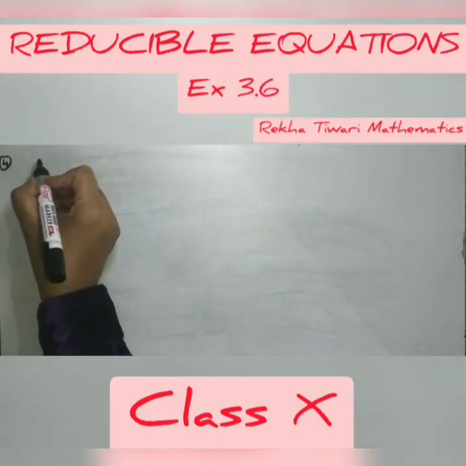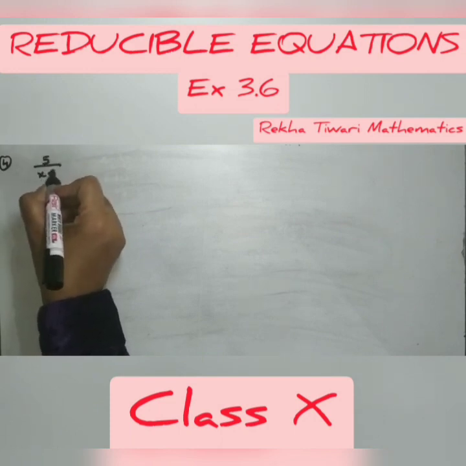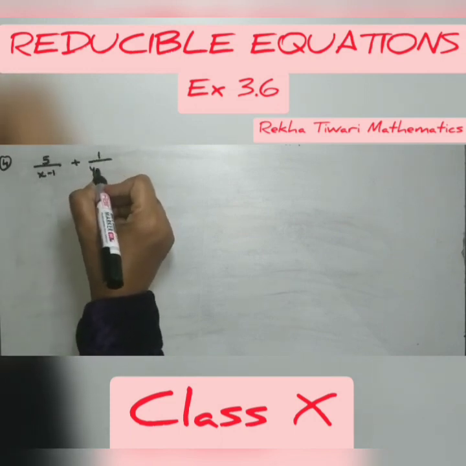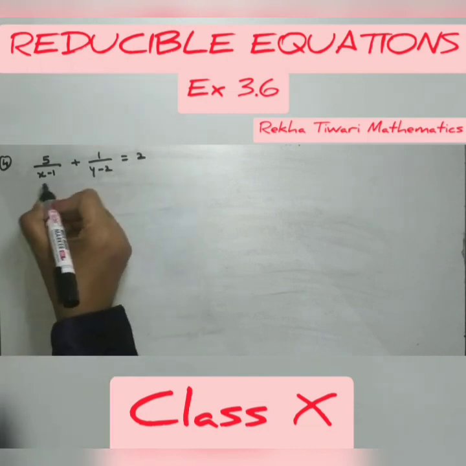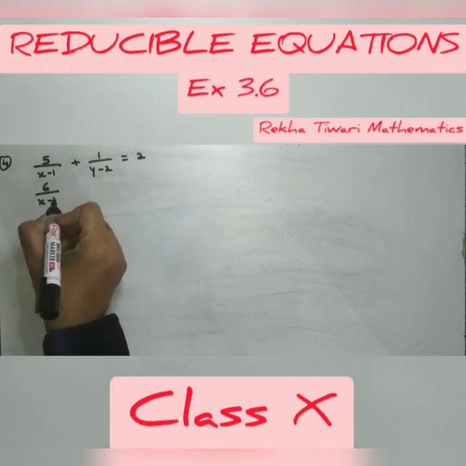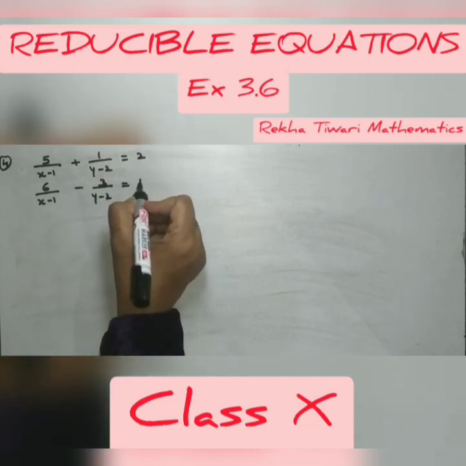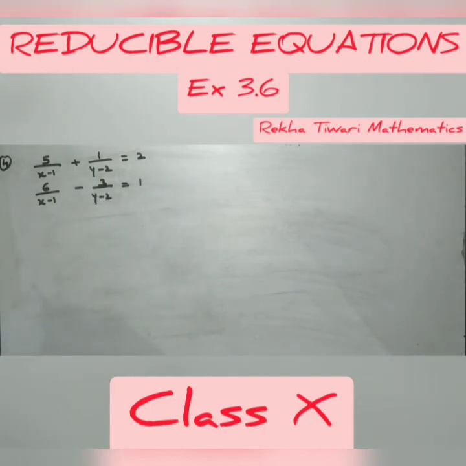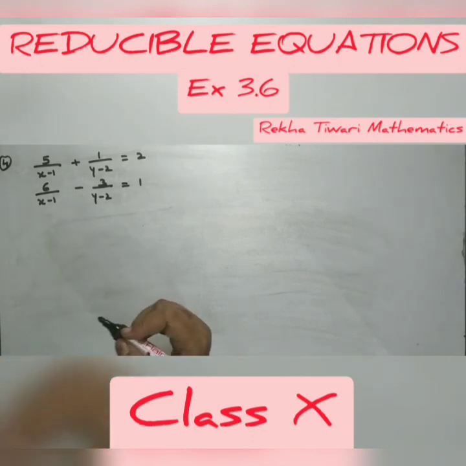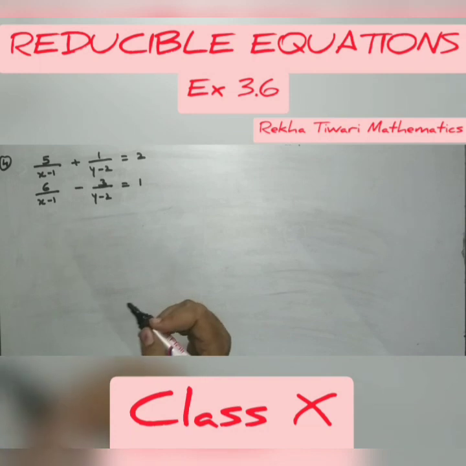In fourth part, it is given that 5 upon x minus 1 plus 1 upon y minus 2 is equal to 2. 6 upon x minus 1 minus 3 upon y minus 2 is equal to 1. These are the equations given to you. Again, the variable is in denominator, so you have to reduce the equations.